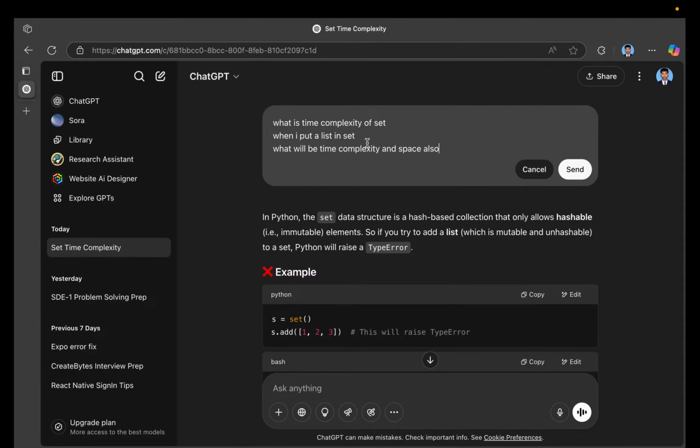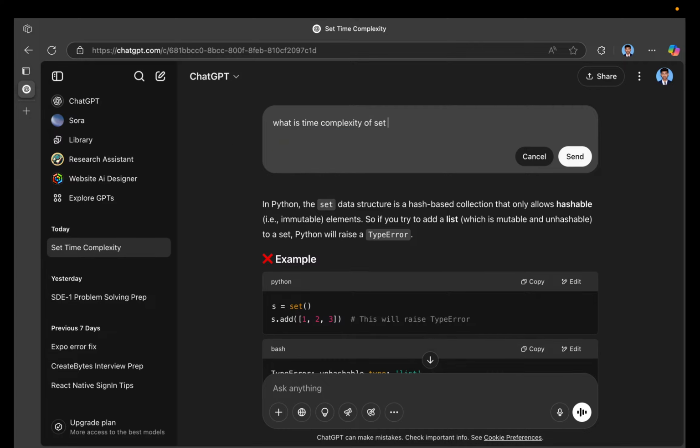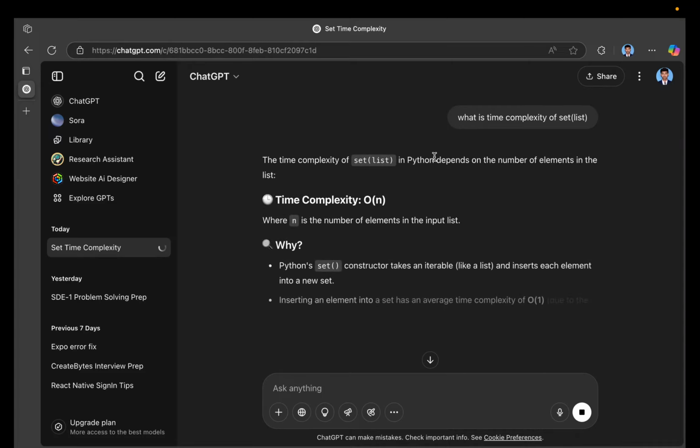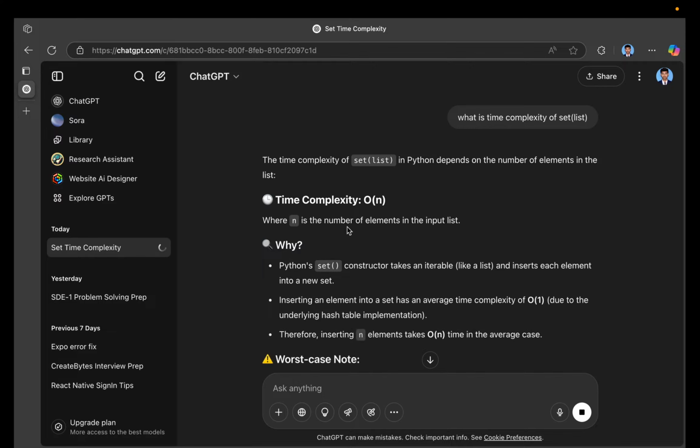Okay, let's add it. Maybe this will help. Where n is the number of elements, then list to set. Well, that should be the best answer that I can give.